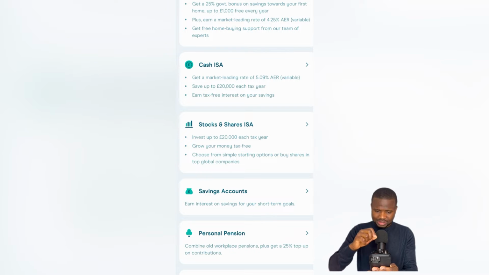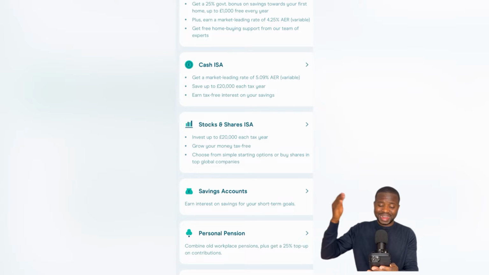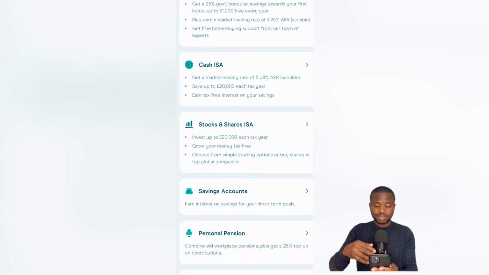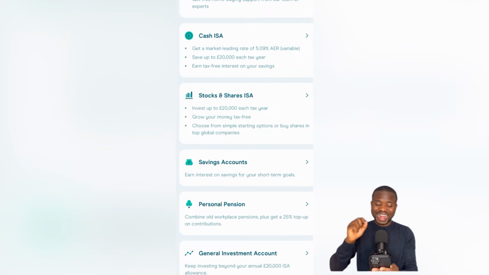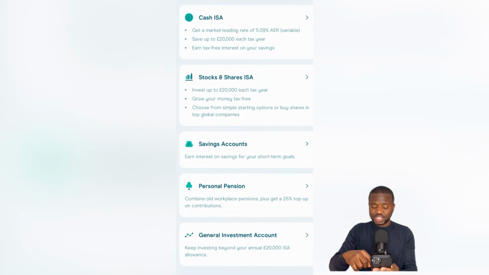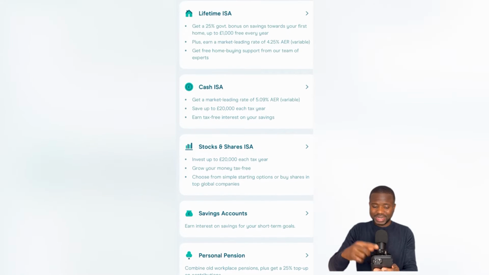You cannot open more than one in each tax year. Of course, if you already have a stocks and shares ISA in this tax year with another provider, then you can transfer to Moneybox and it still applies. Otherwise, you may have to wait till next tax year to use the stocks and shares ISA option. But of course, you're allowed to use the general investment account option, but it's not tax efficient.